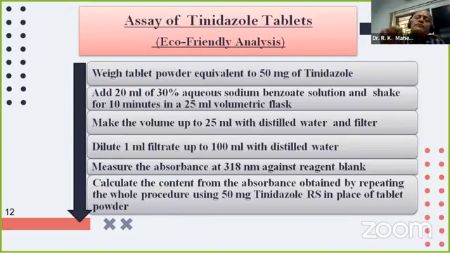Then from the filtrate, you take 1 ml and dilute it up to 100 ml with distilled water. The absorbance of this solution is noted at 318 nm against reagent blank. I will explain what this reagent blank is. So here in the aqueous system, the peak of the drug tinidazole comes at 318 nm.